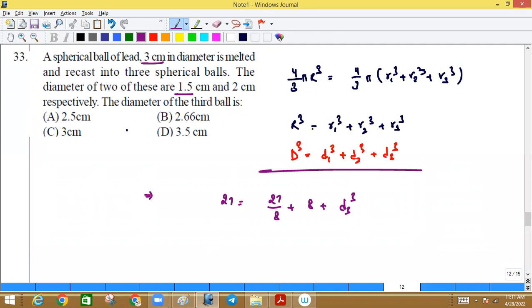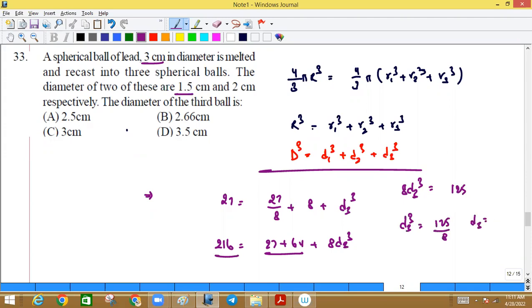Multiply everything with 8. 216 is equal to 27 plus 64 plus 8 D3 cube. So if you subtract from here, you'll get how much? 125. So D3 cube is equal to 125 by 8. D3 is equal to 5 by 2, which is equal to how much?